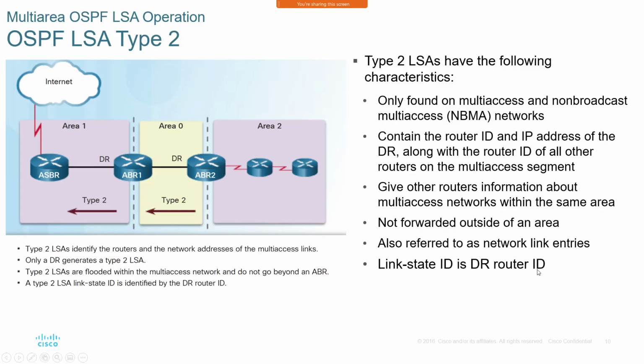Now, they also refer, yep. Just a quick question. In area 2, we don't have the type 2 there because it's point to point between two routers, right? Because it's just a connection from one router to the other, and then the second one to the third one, so we don't have a multi-access network, right?